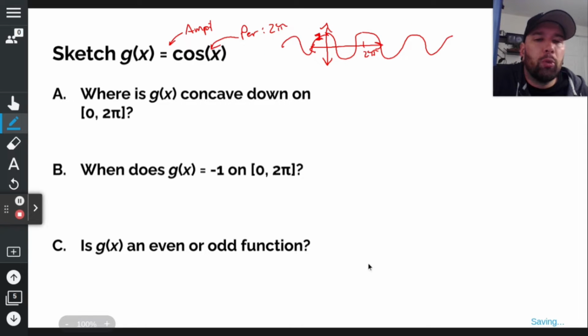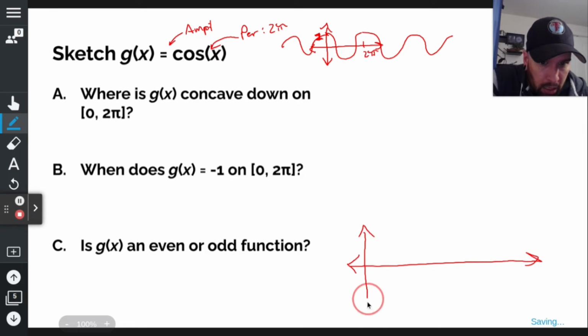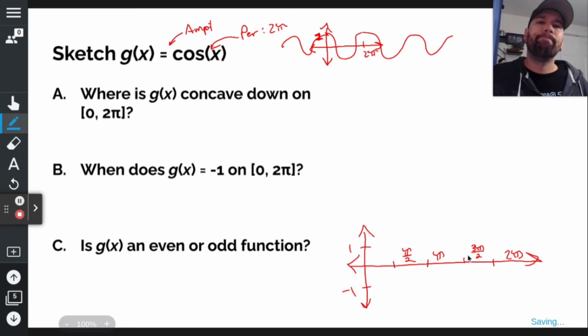Let's draw ourselves a coordinate plane. We're going to go up and peak out at 1, and bottom out at -1, with 2 pi, pi, half a pi, and 3 pi over 2 marked. Then let's draw it out.